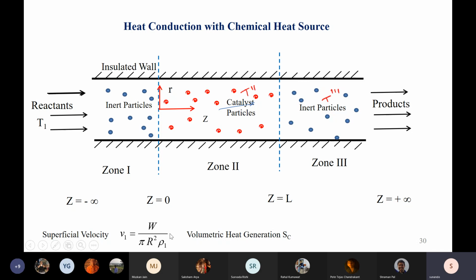So the superficial velocity, this W is the mass flow rate, and this ρ1 is the density of the reactants corresponding to temperature T1. That means at the entry of this point.